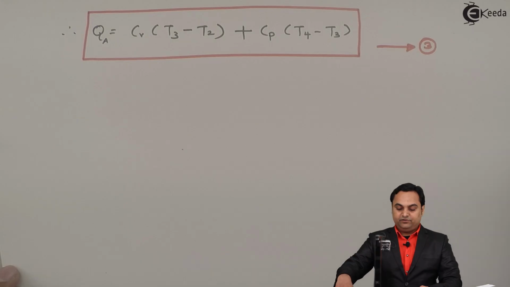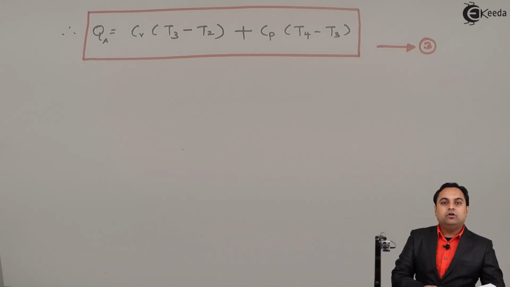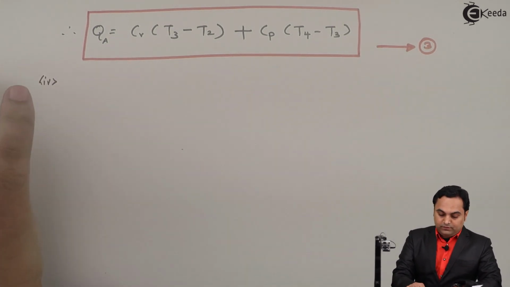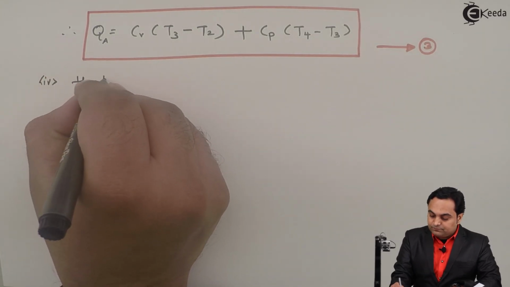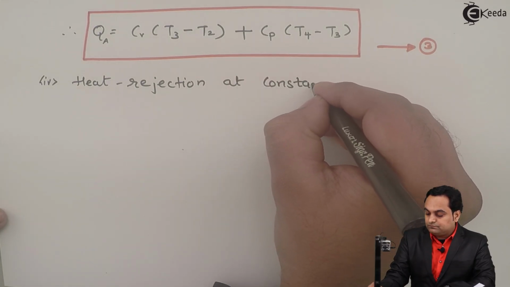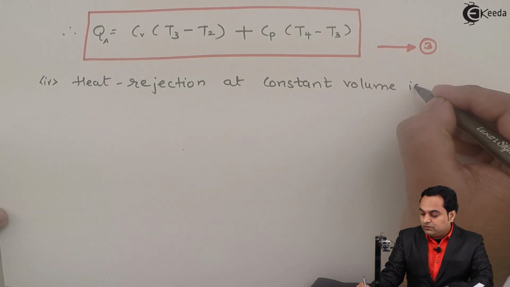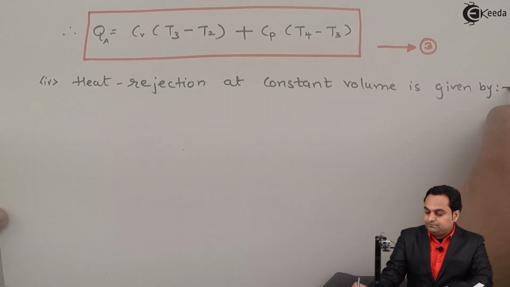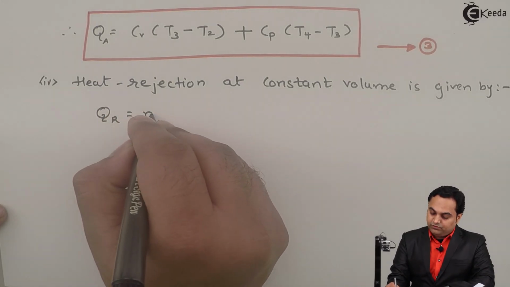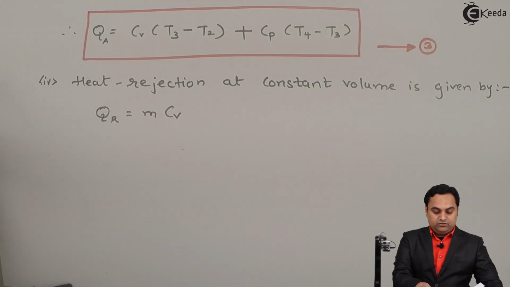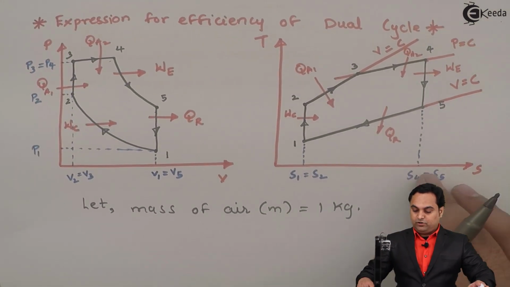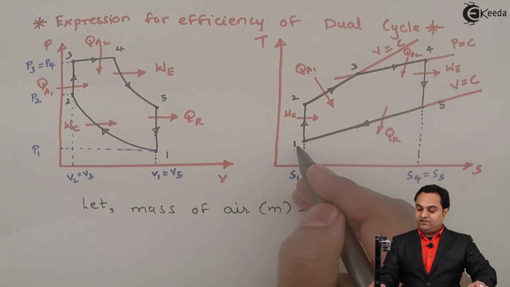Now, as I have written for the heat addition process, similarly I'll write down for the heat rejection process. Heat rejection at constant volume is given by, heat rejection is denoted as Q suffix R, and that is equal to m Cv since it is rejected at constant volume, and it is rejected from point 5 to 1, that is T5 minus T1.